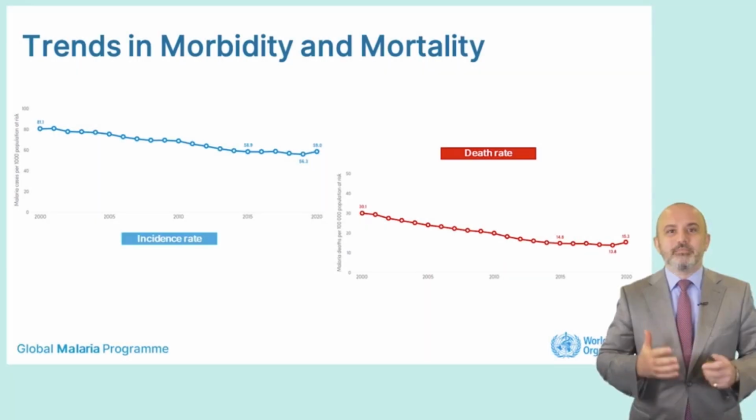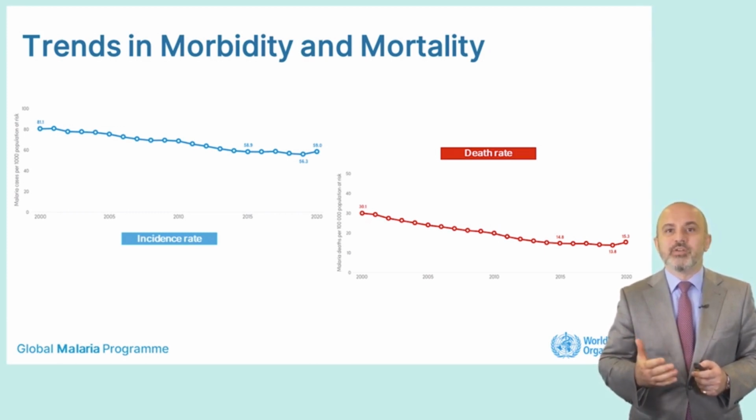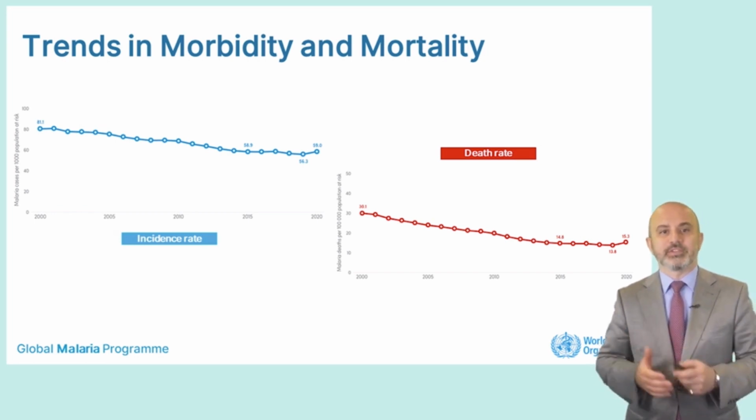Between 2000 and 2015, remarkable and unprecedented improvements in the malaria situation were seen globally. At that time, the World Malaria Report 2016 estimated a 37% decrease in the incidence of malaria cases and a 60% drop in the malaria mortality rate compared to 2000 levels.